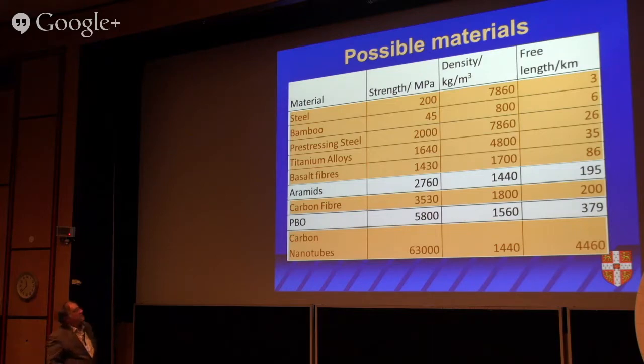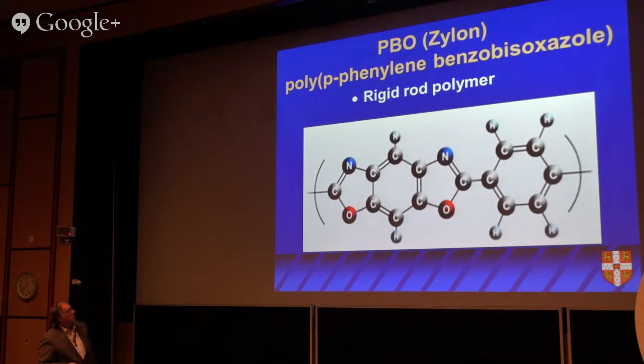So that's that. We're left with these two materials: aramids, which you probably know as Kevlar, and a material called PBO. Everybody asks me what PBO stands for. It's that. There'll be a short test after this lecture. The essence of this is that PBO is incredibly straight.